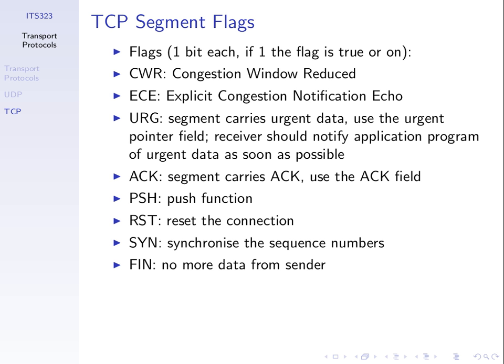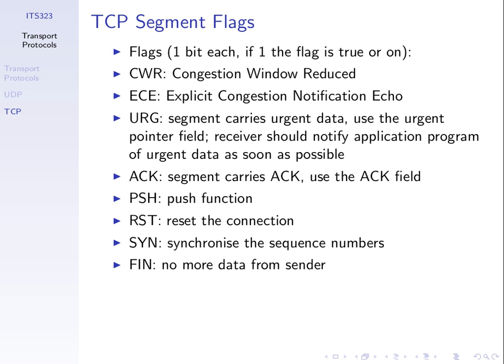Let's look at some of those features. The first three we won't look at. They are used for special cases, congestion control and priority of data. ACK. There's only one type of TCP segment. We have a header, maybe we have some data. We send from A to B a TCP segment.